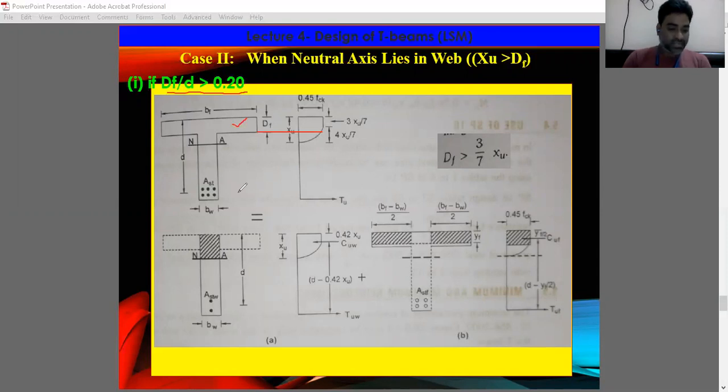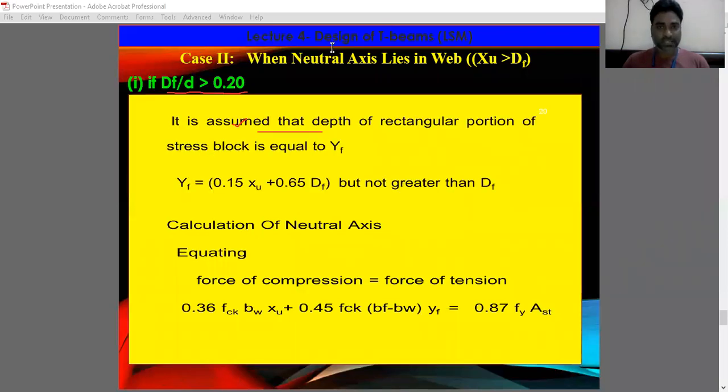What is yf? yf is nothing but the modified thickness of flange, right? That yf should be calculated as per IS 456 2000, so the formula is already given in IS 456.